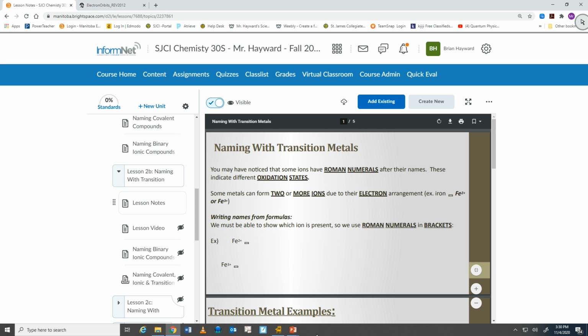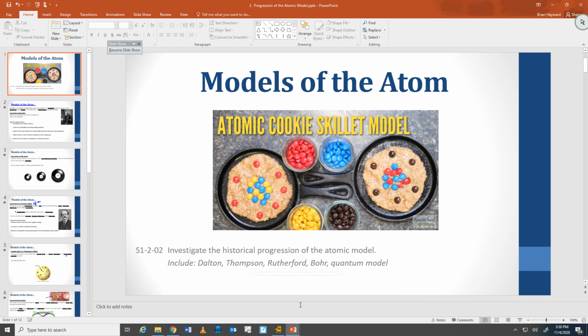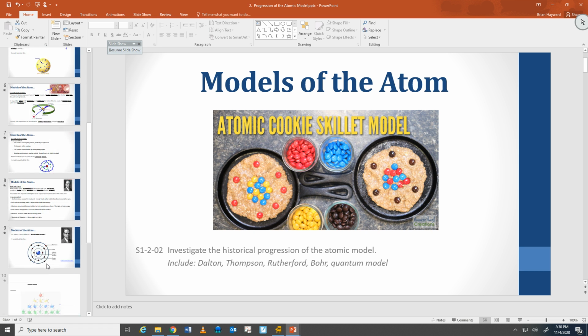Oh, apparently we're not allowed to look at that one. So I will show this one in class, the models of the hydrogen atom.